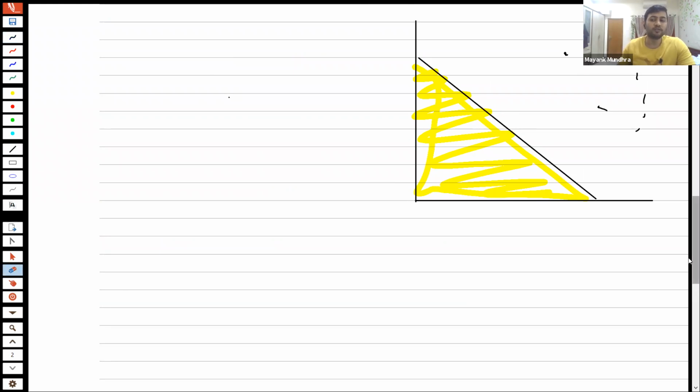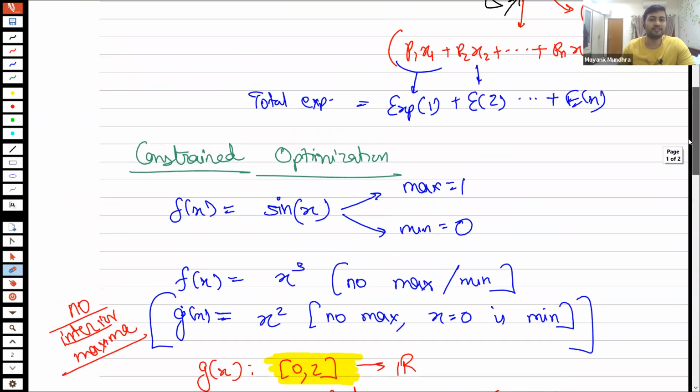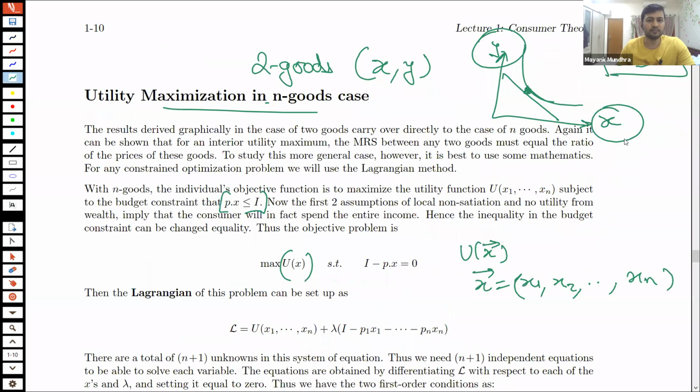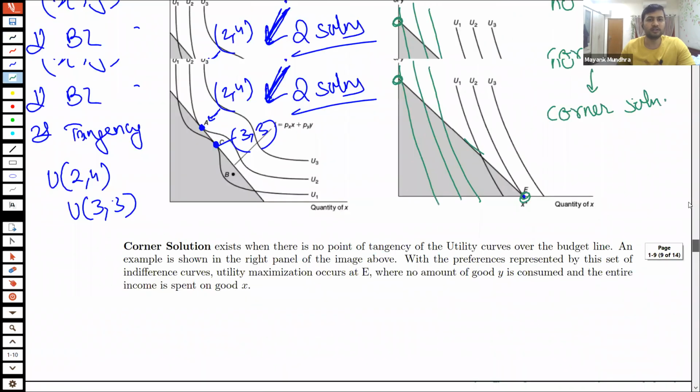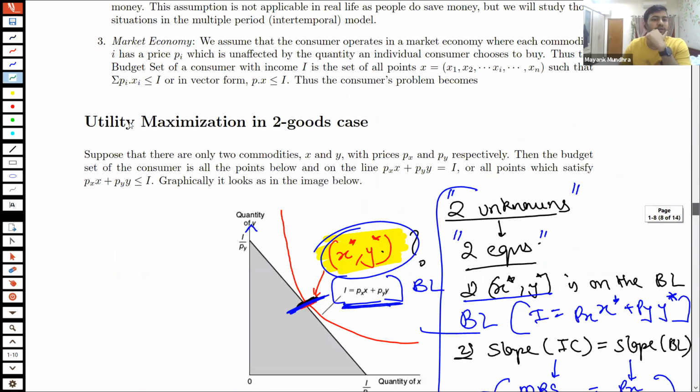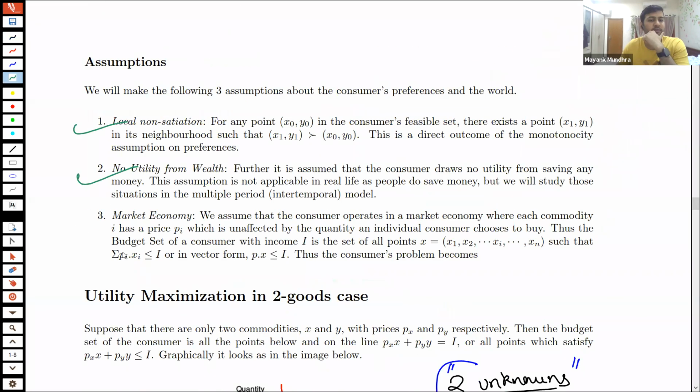But in the world of constraint optimization, the math changes when the constraint is an inequality or when it is an equality. I want this thing to be an equality. For that, I'm going to make use of multiple of these assumptions. In the last class, I talked about these assumptions that we made: local non-satiation, no utility from wealth, and marketing.